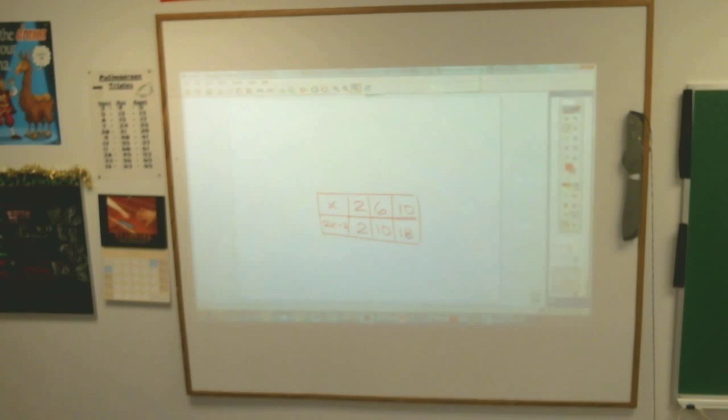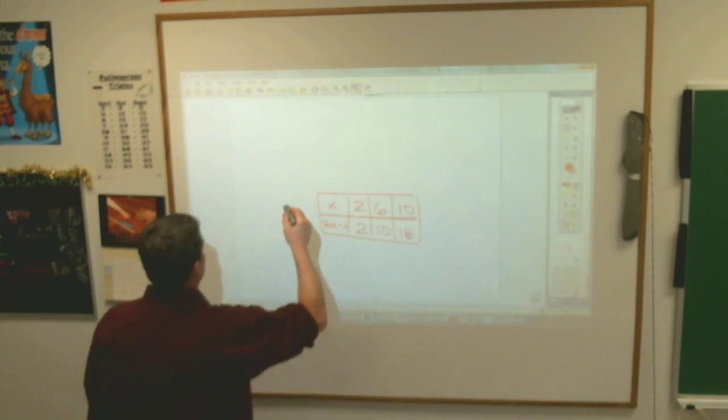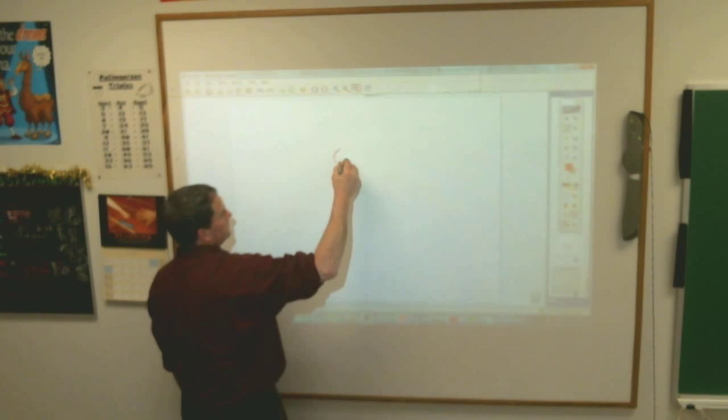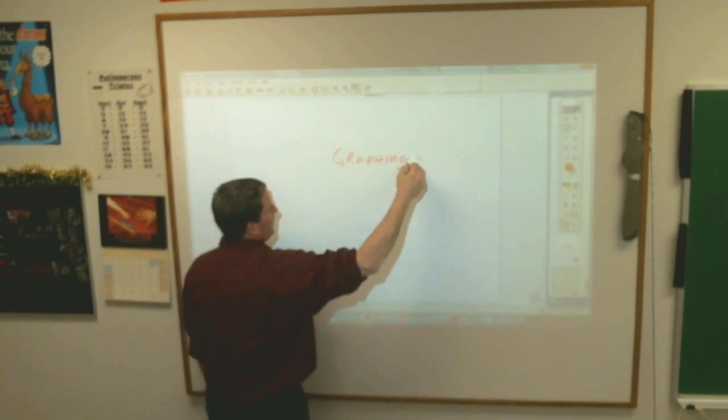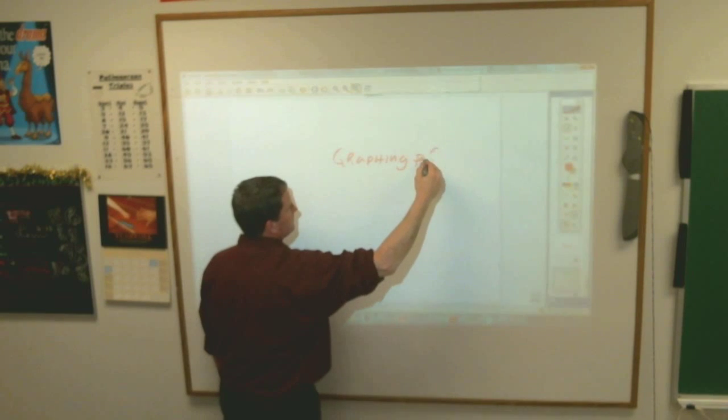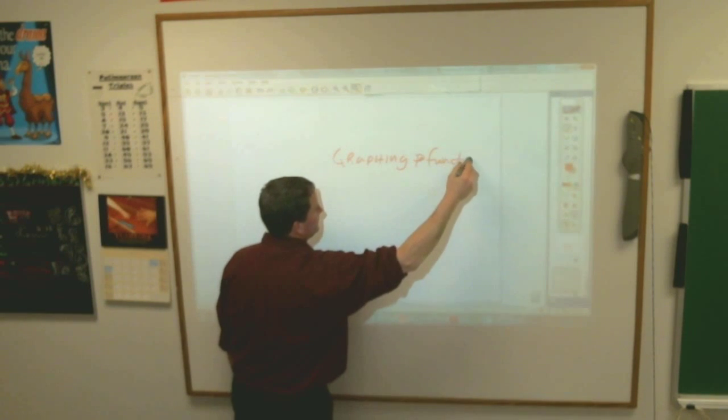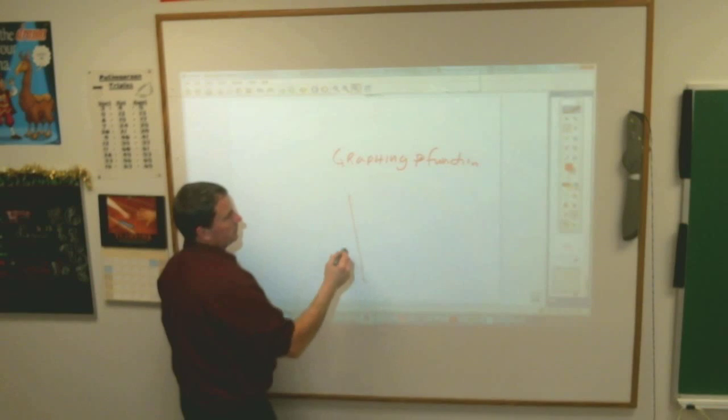And then they talk about graphing functions. Have we graphed things before? On a number line? Yeah. Well, maybe not. Here is your table.